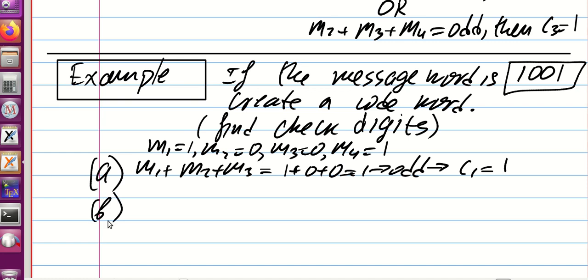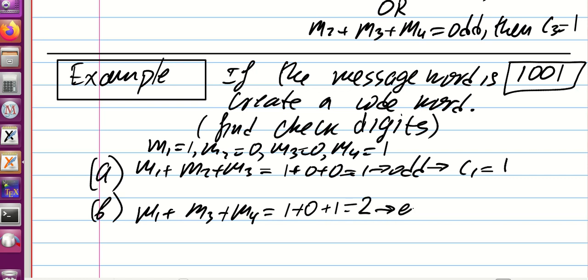Then we go to circle B, in which we have M1, M3, and M4. So we add them up, we have 1 plus 0 plus 1. And so we get 2 even number, which means C2 has to be 0.